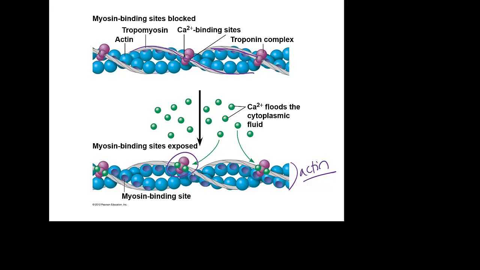And tropomyosin is actually moved by calcium binding in these sites and shifting, essentially moving this rope out of the way, so that we then open up these spaces and we can bind more calcium. And by binding more calcium to the tropomyosin, you've opened up these spaces, and this is where our myosin heads are going to bind.